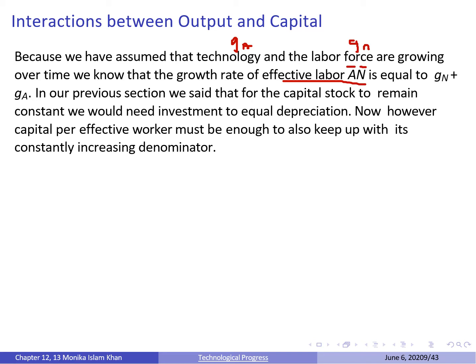Therefore, the growth rate of effective labor is gN plus gA. Now let's look at what our equation for capital accumulation looks like.